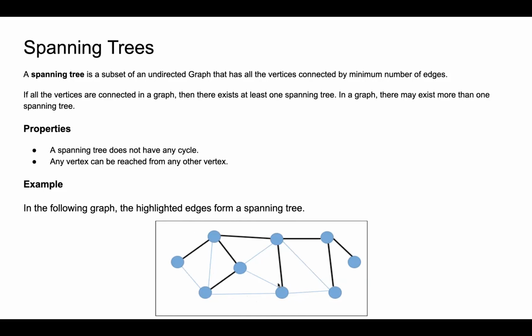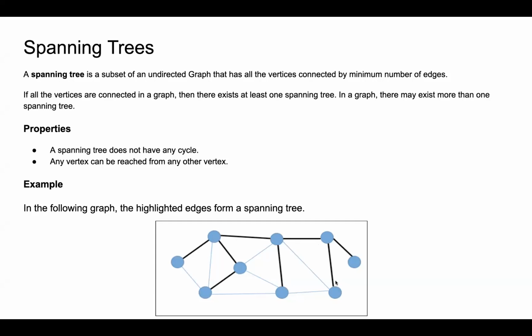We can see there, any vertex can be reached from any other vertex. Any vertex means this and this last one, it can be reached from here to here, here to here, and here to here. Same, from each vertex we can reach the other vertex.